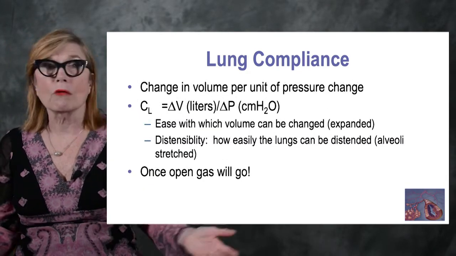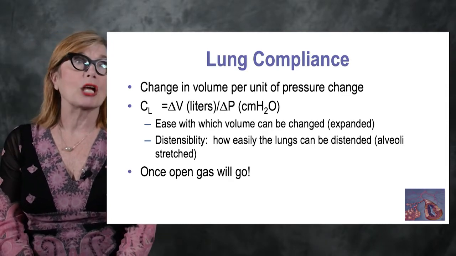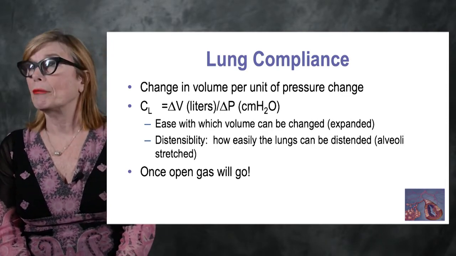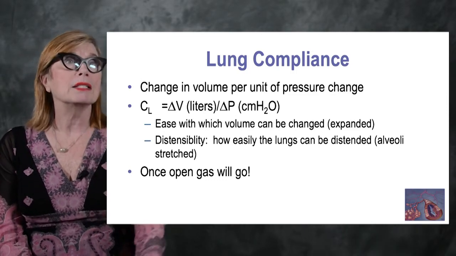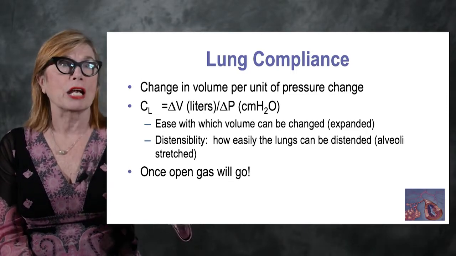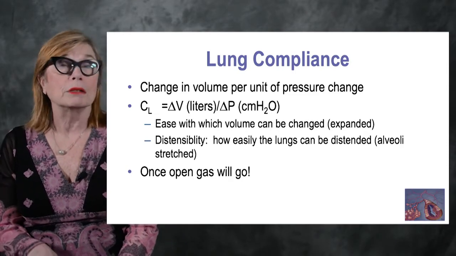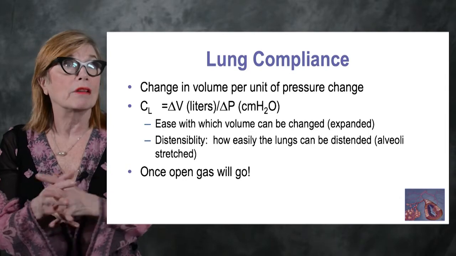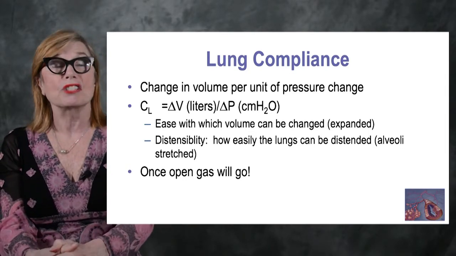So we want to remind ourselves about lung compliance, that compliance is about change in volume per unit of pressure. So I want to make that really, really simple. Compliance is about change in volume over change in pressure. So one of the things that really is important is that we can change the volume when the lung is expanded. We can give more volume when the lung is distendable.